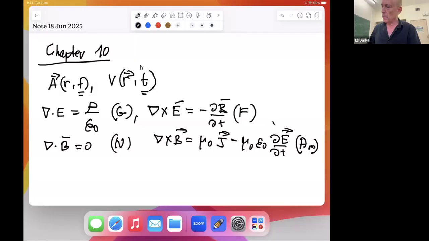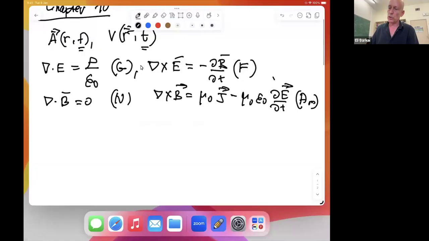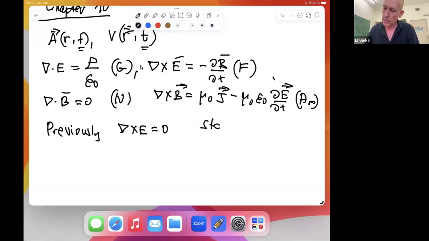And what can we say about the vector potential? Previously, with statics, we had rotor E equals 0. This is statics, because dB/dt is 0, this term here.